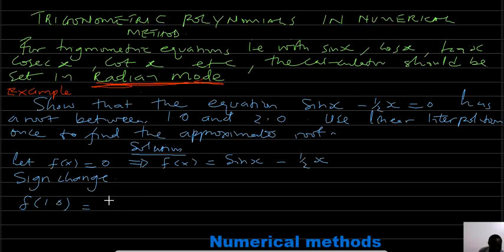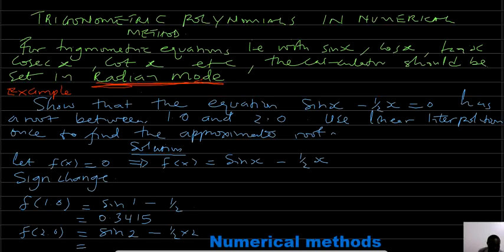This is going to be sine of 1 minus a half. This gives us sine 1 minus 0.5, that gives us 0.3415, positive. Now we go to f of 2.0. This is sine of 2 minus a half times 2.